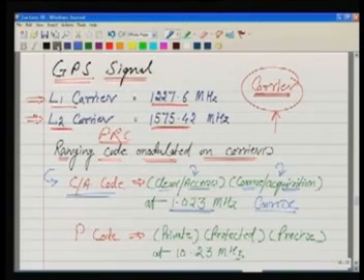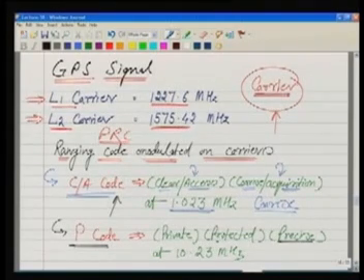Well, the other code is the P code. The C/A code is available to the civilian users, it is freely available. However, the P code is the precise code, also protected, also private. It is modulated at 10.23 megahertz, a higher frequency.